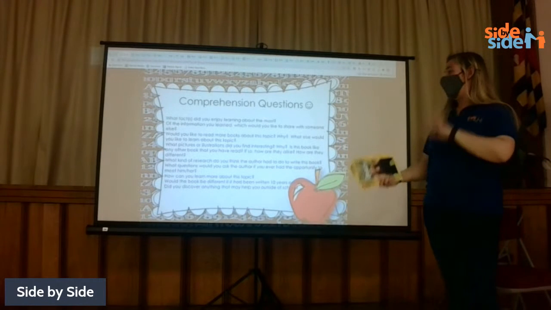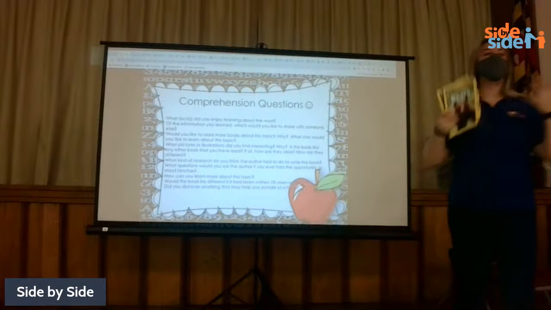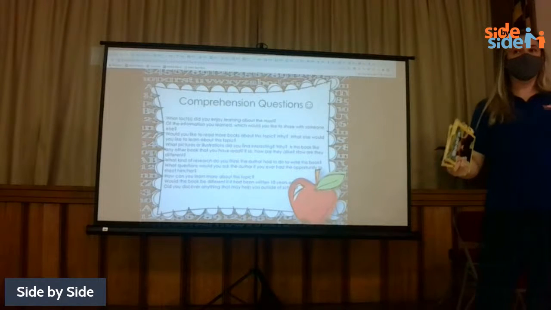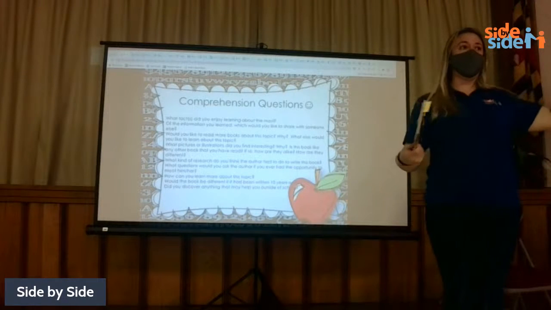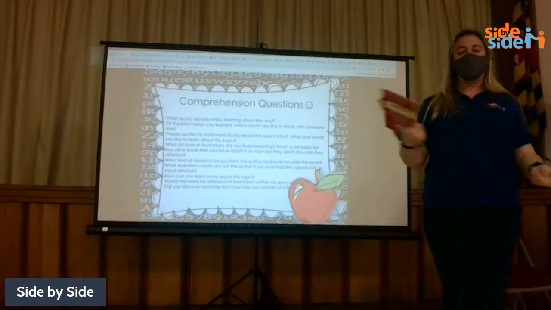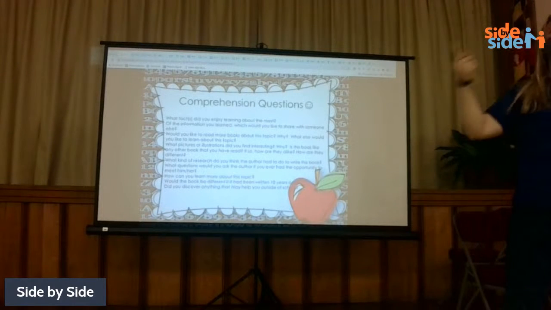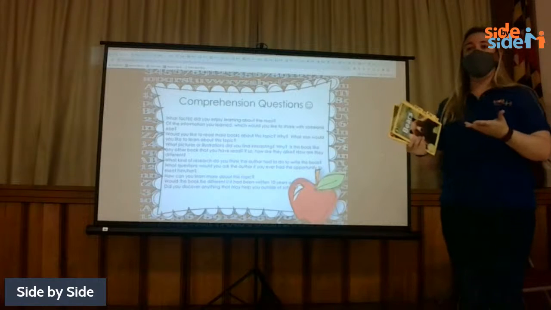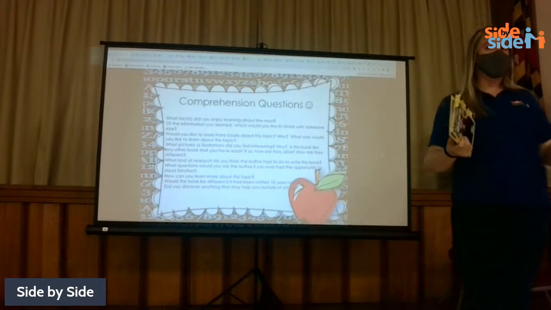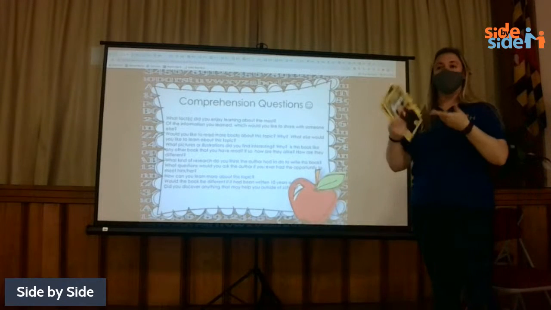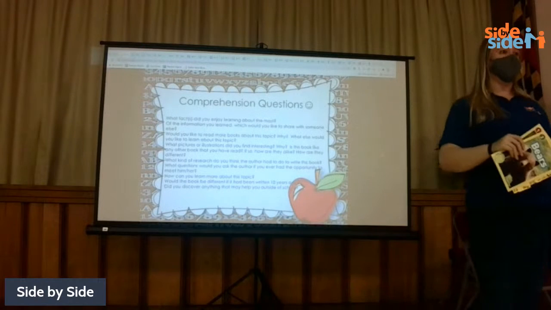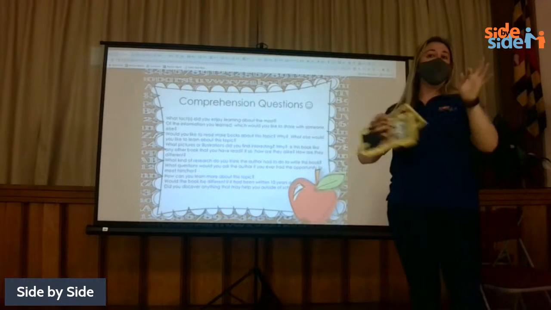And then if you want to keep on going, what other questions do you have? That's where it takes it to this abstract. Well, I don't know. You told me everything about giraffes right now. We can keep going. There's more information out there. What do you want to know and how can we find it? So give them the opportunity to tell you, well, I can find it in another book, or I can watch a YouTube video, I can go online, I can Google it.